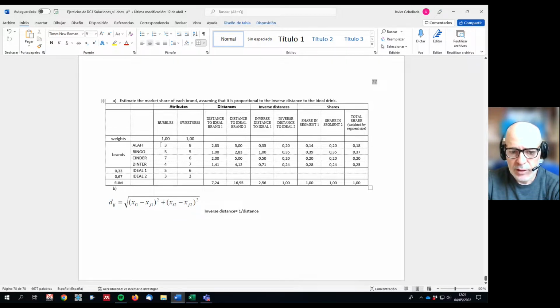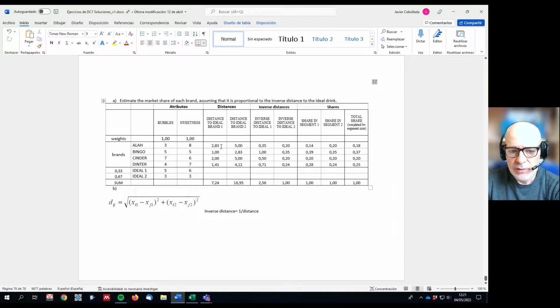So we take the difference in the coordinates, we square that, and we sum the coordinates for the two dimensions, and then we take the square root.